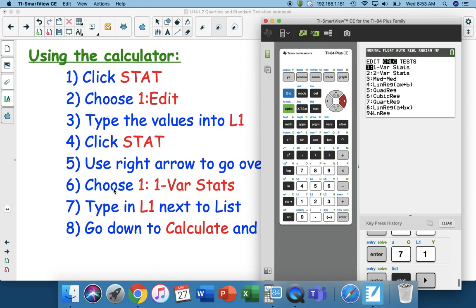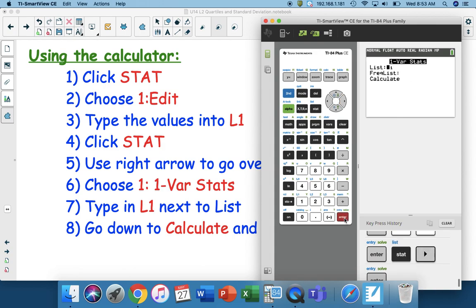Step 6 says choose one, which is a one variable stat. So that's when we just type in one thing, which is L1. So I chose that. All right. L1 should be next to list already, so that's fine. Press enter, and press enter.